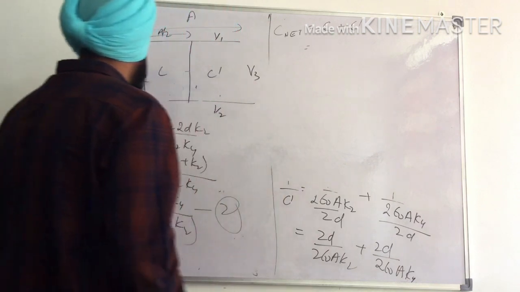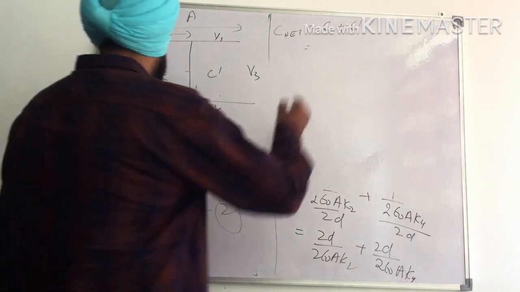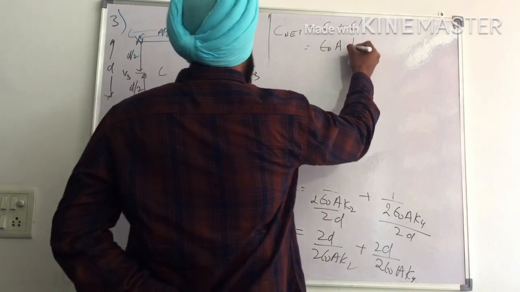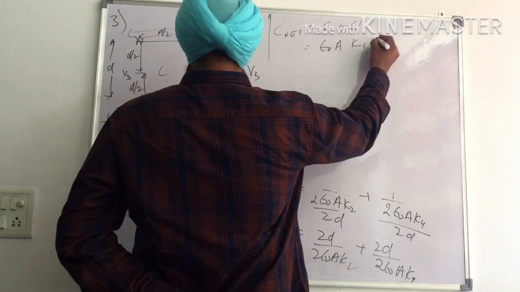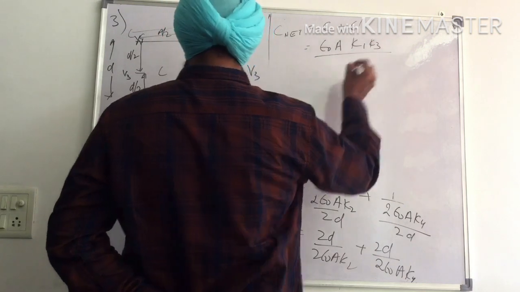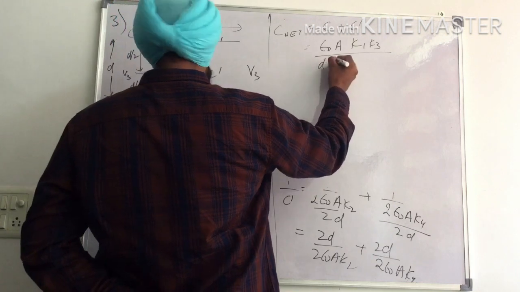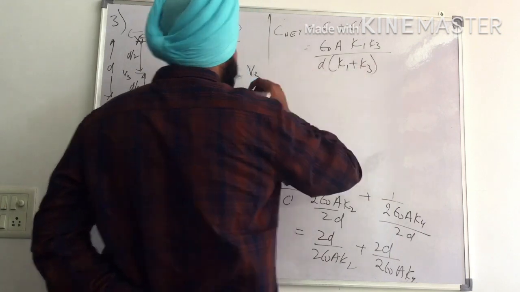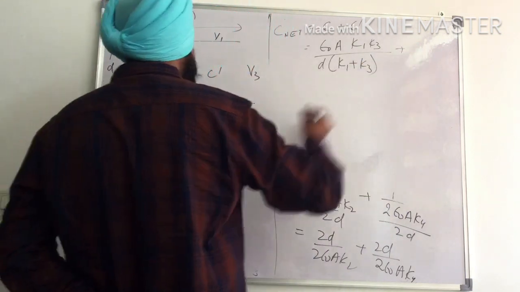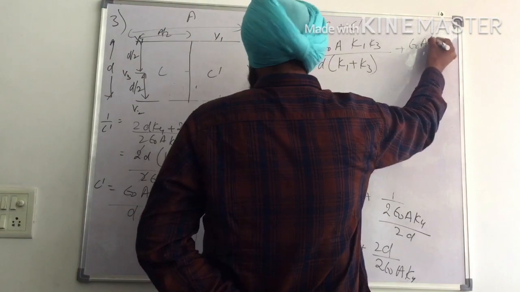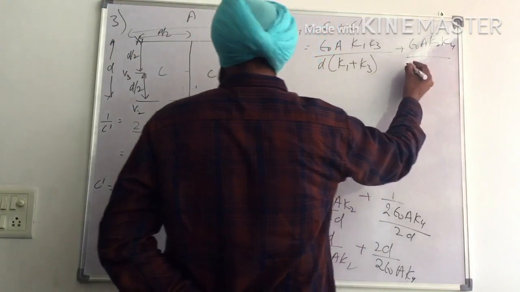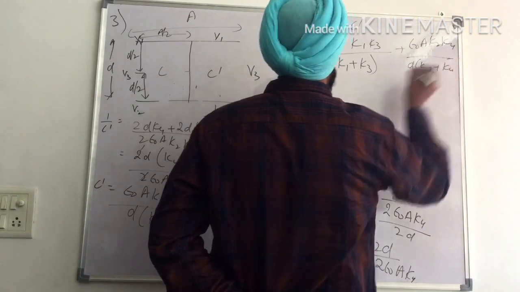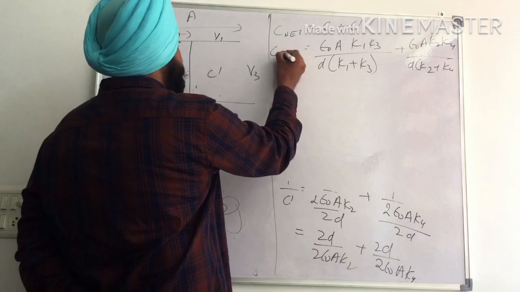So what we will be getting is epsilon naught A K1 K3 over D into K1 plus K3, plus capacitance of the second, epsilon naught A K2 K4 over D into K2 plus K4. So this will be our net capacitance.